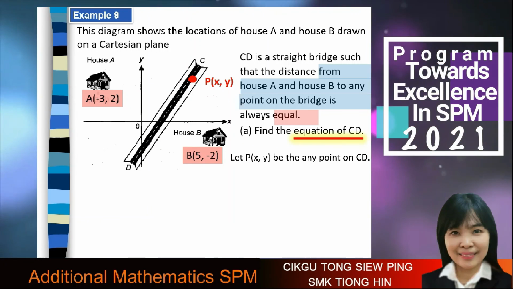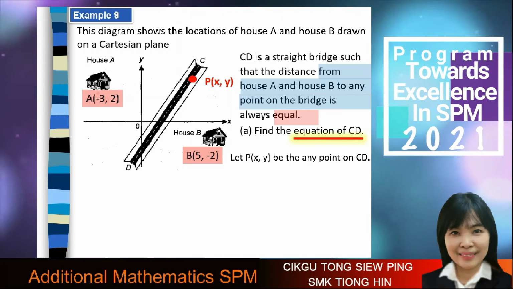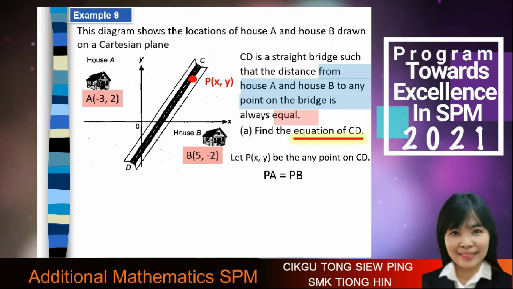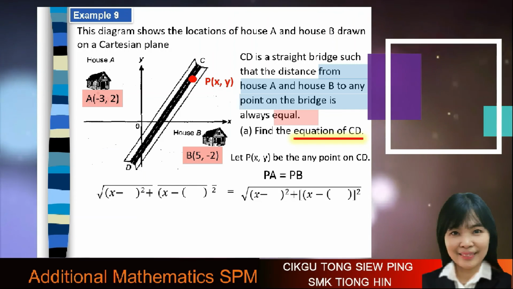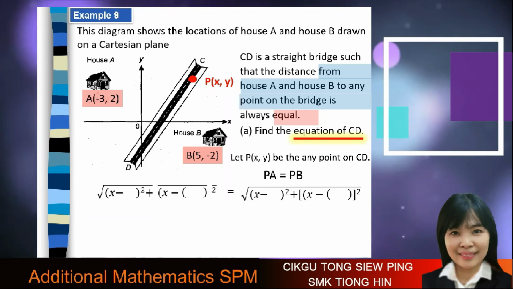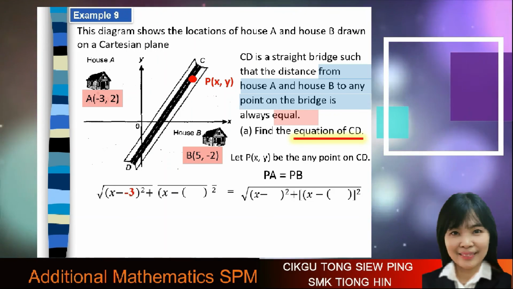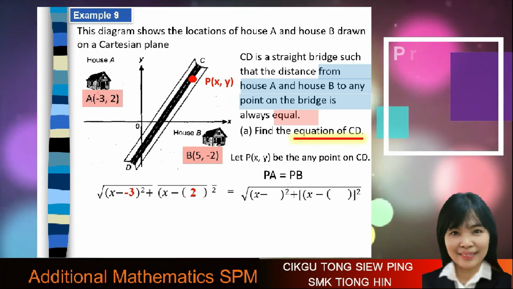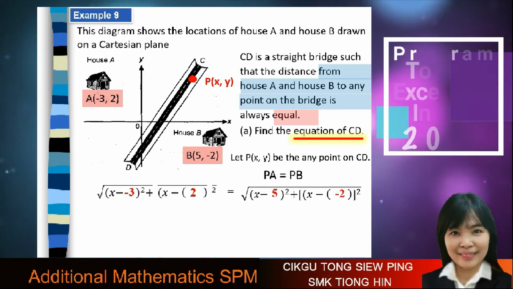Since the question says the distance from house A and house B to any point on the bridge is equal, therefore we have PA is equal to PB. Then we can use the distance formula to find both the distance of PA and PB. We substitute the coordinate of A, negative 3 and 2, and the coordinate of B, that is 5 and negative 2, into the formula.